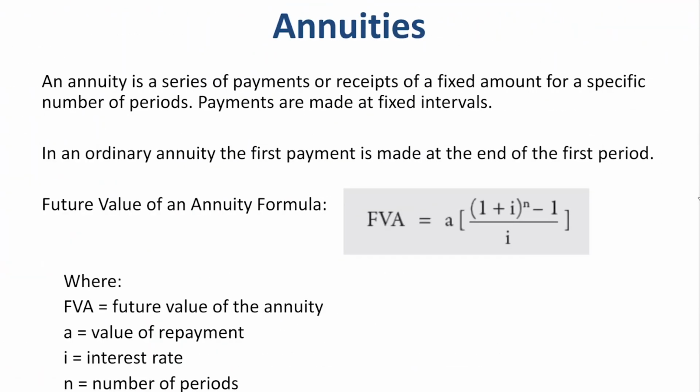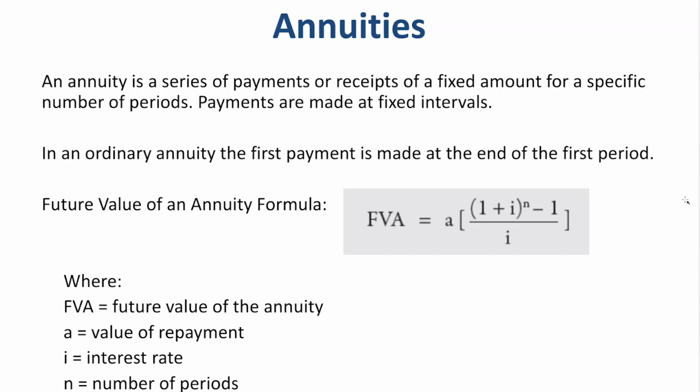Annuity. An annuity is a series of payments or receipts of a fixed amount for a specific number of periods. Payments are made at fixed intervals. In an ordinary annuity, the first payment is made at the end of the first period.